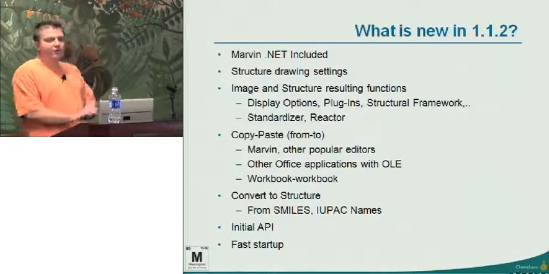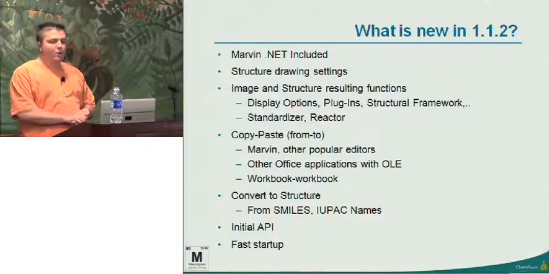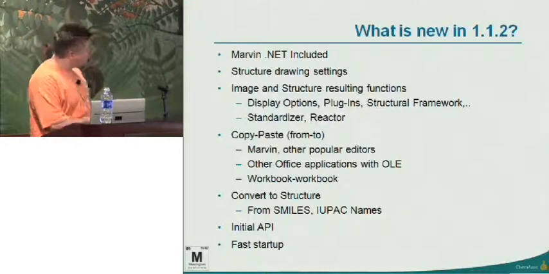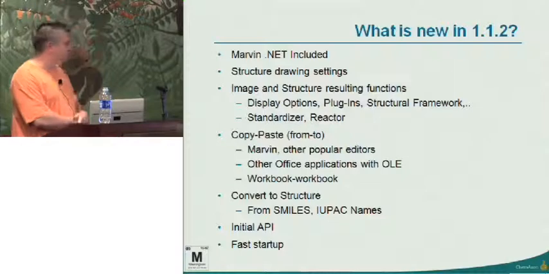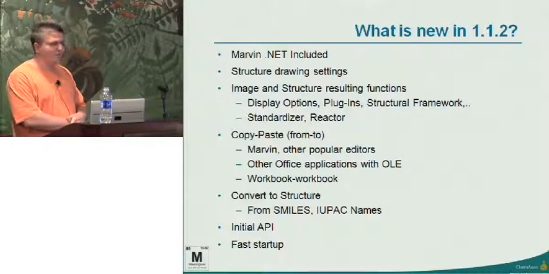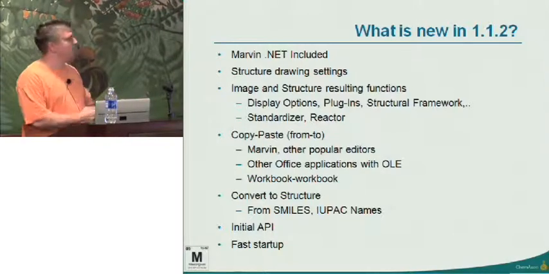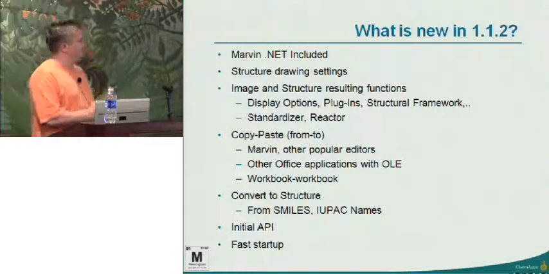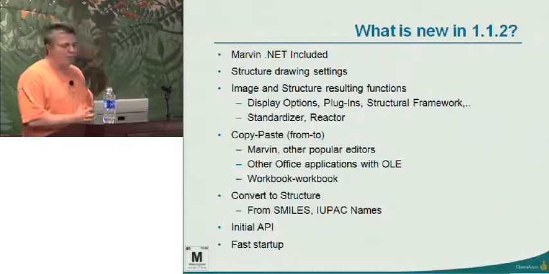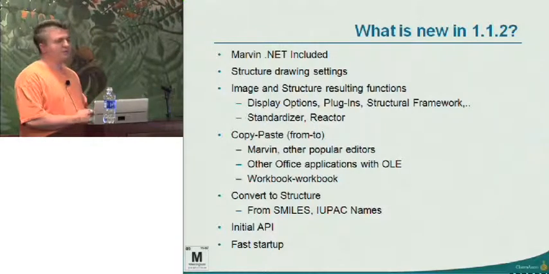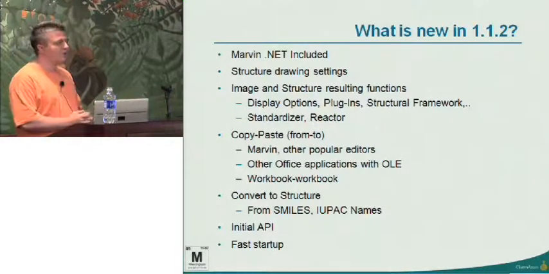So what is new in the forthcoming version 1.1.2? We worked very hard to put a lot of features in this release. The first point is a surprise because, unfortunately, we had a problem with our current editor because, as you may know, we don't have a .NET-based editor.